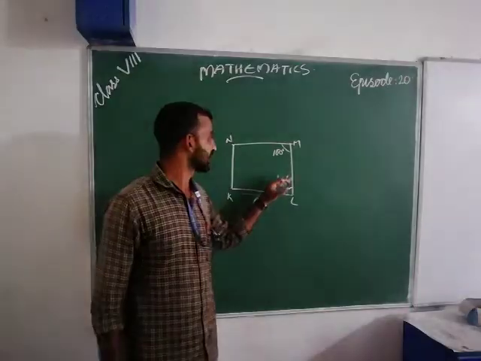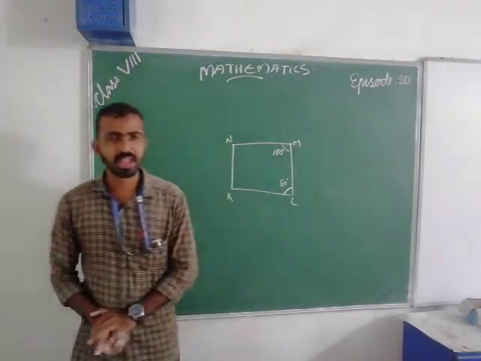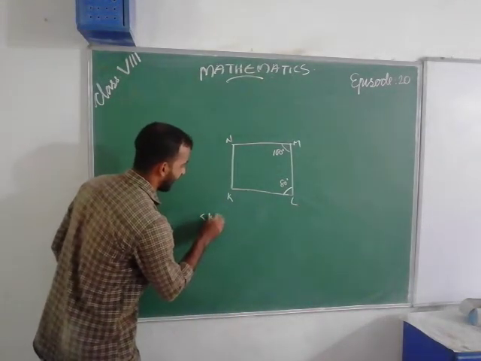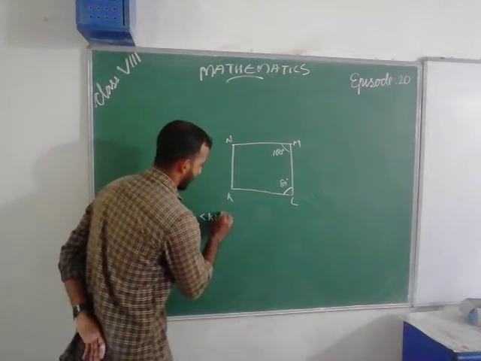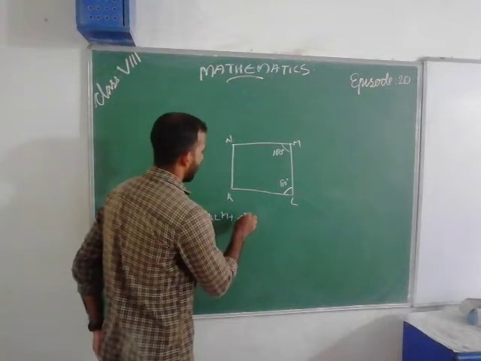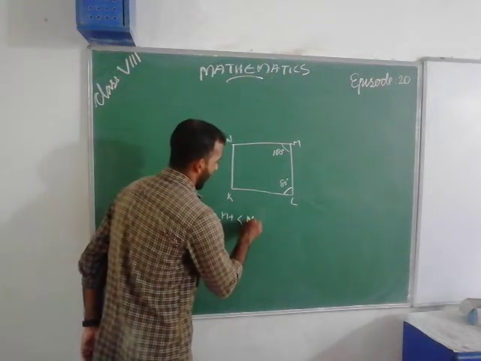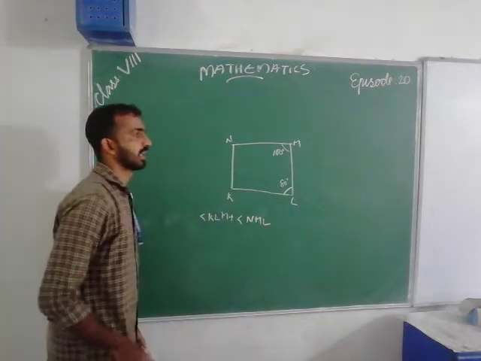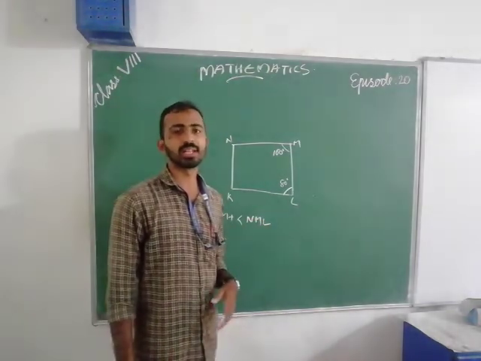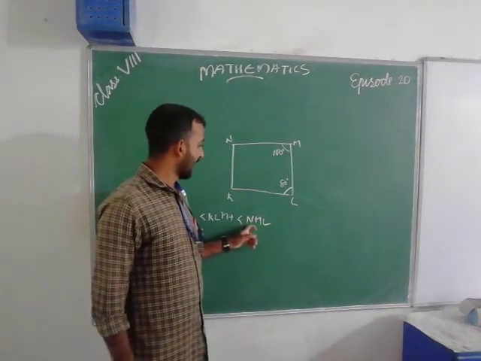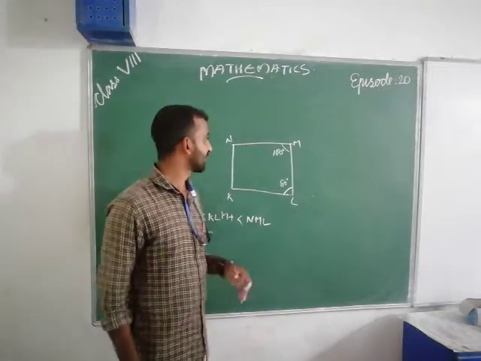Why? When we take this sum, angle KLM plus angle NML, what do we get?